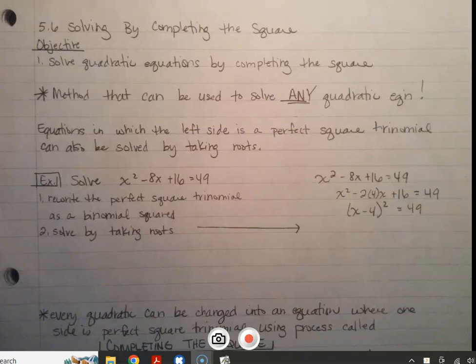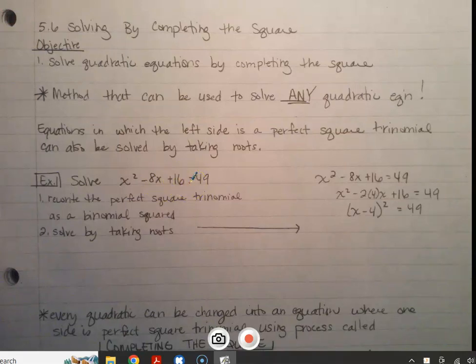So equations in which the left side is a perfect square trinomial can also be solved by taking roots. If we look at this first example, we have solve x squared minus 8x plus 16 equals 49.